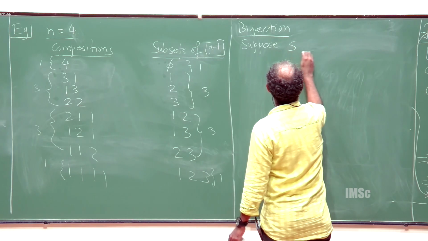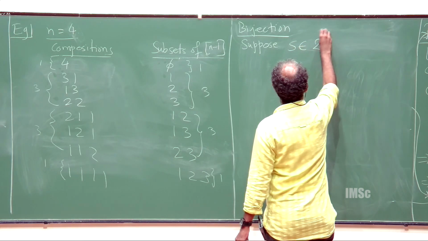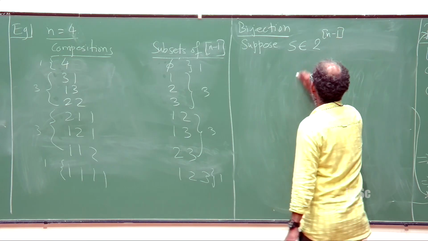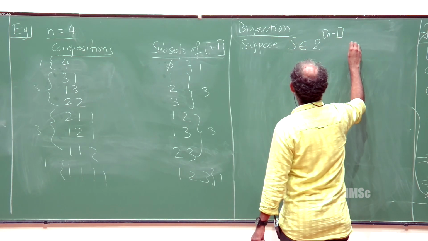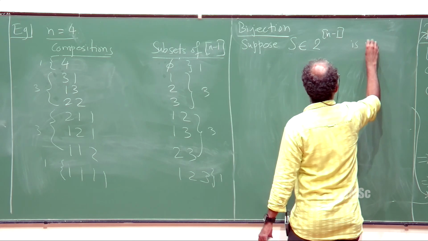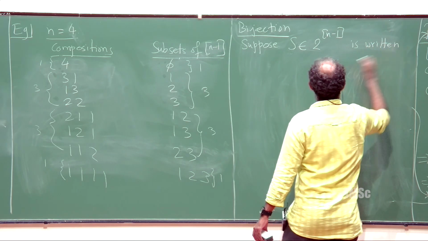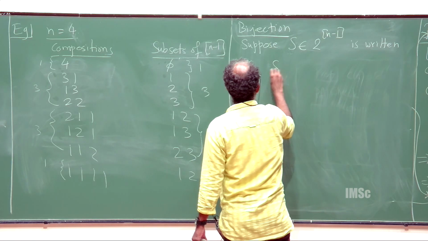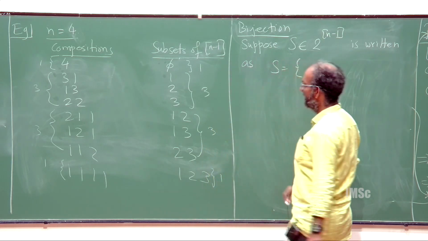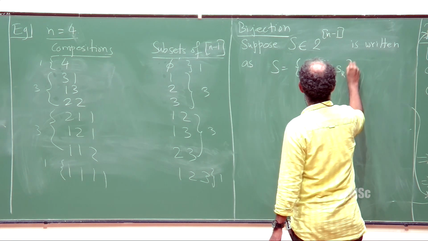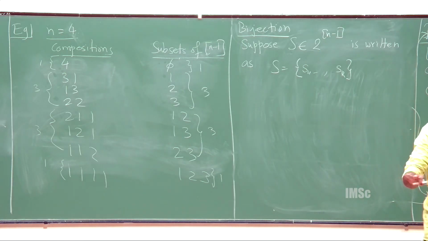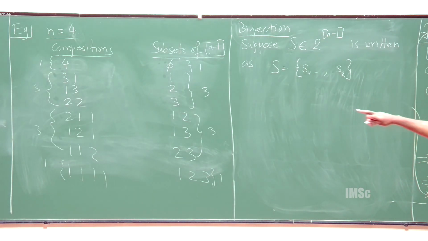Sorry. So S belonging to 2 to the n minus 1, I'll write capital S, is written as S equal to S1 up to Sk. So it's a subset of k parts. Sorry about that. As I said, I want a bijection which takes as input a subset and will return a composition.